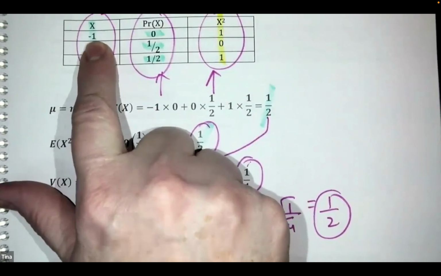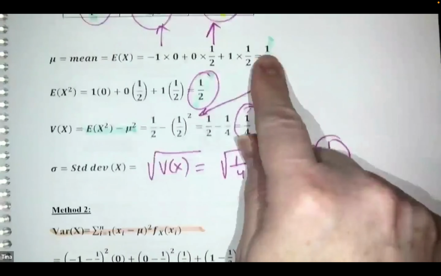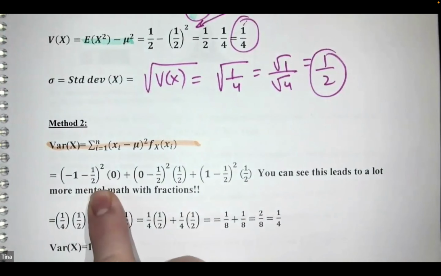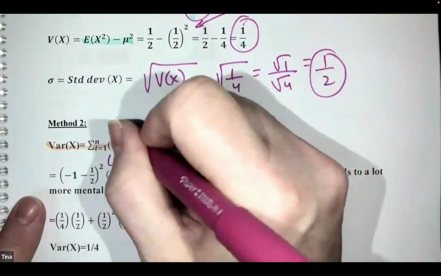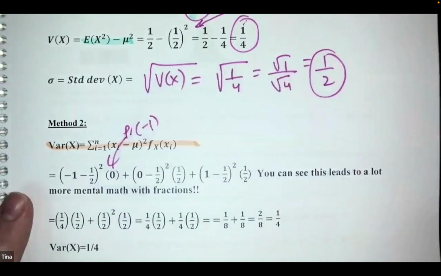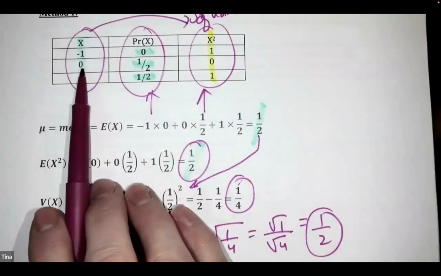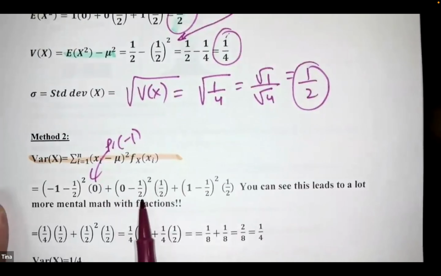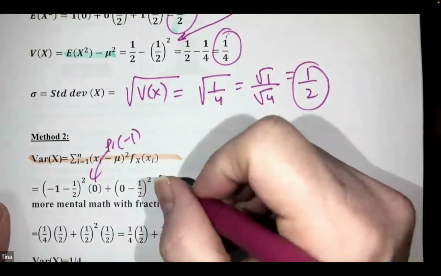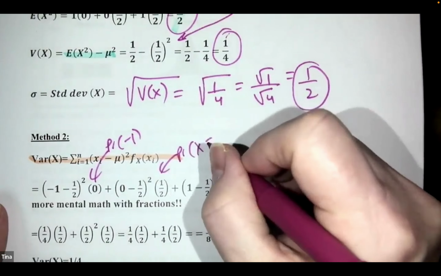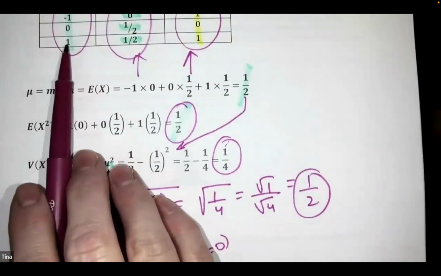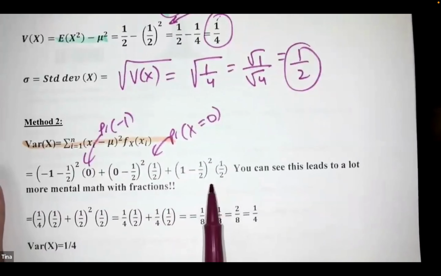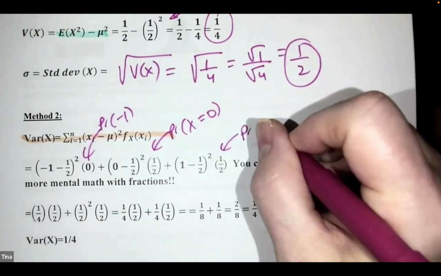So you would take this first x, -1, minus the mean, so -1 minus a half squared, times, this is the probability of -1, right? Second x, 0, minus the mean is a half squared, times, and this is the probability that x is 0. And then this one, x is 1 minus a half squared, and this is the probability that x is 1.